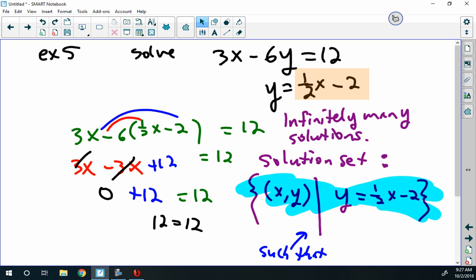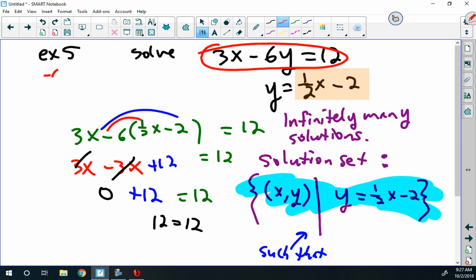From a visual perspective or a graphing perspective, does anybody know what happens here? What's going on? Earlier, we had the idea to solve one of the equations for one of the variables. What happens if we take this equation and solve it? We'll get negative 6y is negative 3x plus 12. So we'll get y equals 1/2 x minus 2.